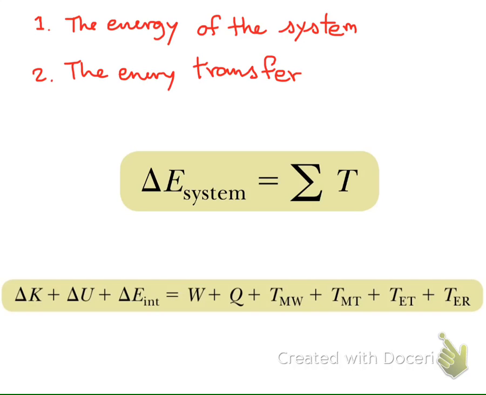In the engine, you change from the chemical to mechanical. For example, in the steam engine, you change from the internal energy to mechanical energy. In the electric motor, you change from electric to mechanical energy.